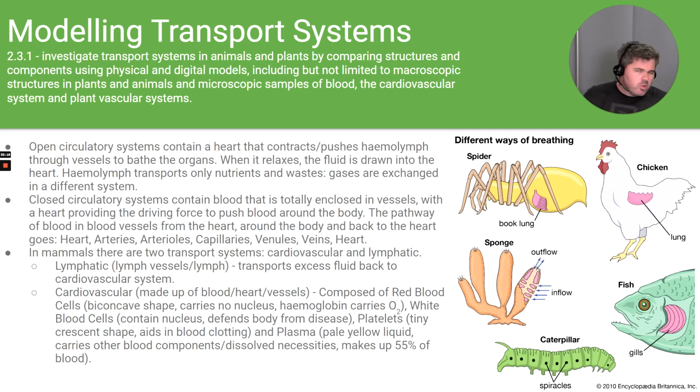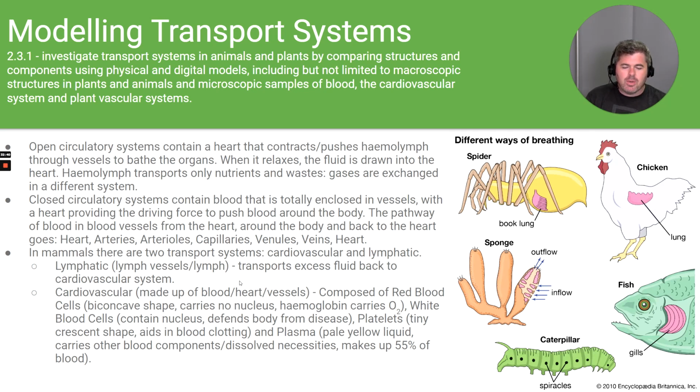But the water is still circulating throughout the house. Okay? The pathway of the blood and blood vessels goes around the body and back to the heart. So if you're starting at the heart, it goes to the arteries first, then arterioles, capillaries, venules, veins, and then back to the heart.